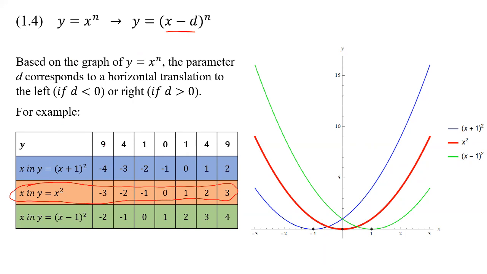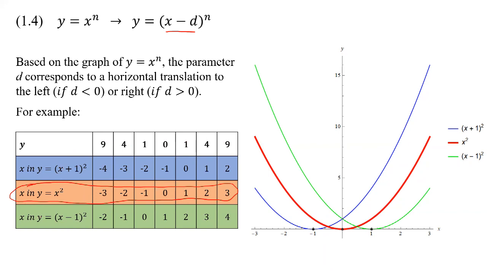Okay, so let's sample some points to check what change is there. So in the original function, x ranges from -3 to +3. The y value ranges from 9, 4, 1, 0 and back to 1, 4, 9, right?